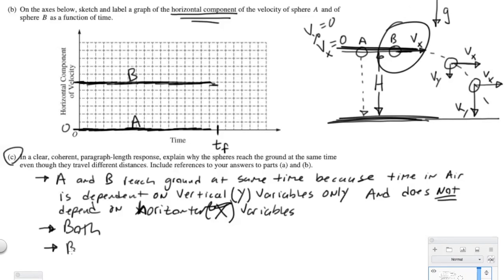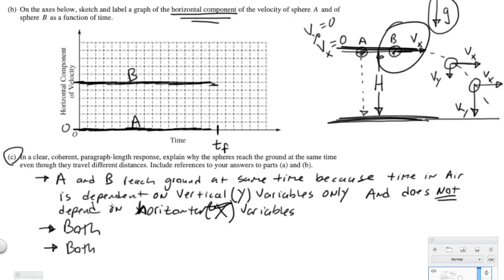So this third point here, you're going to say both spheres start with no vertical or y velocity, and they both are accelerated vertically by gravity. The acceleration vertically for A and B is the acceleration of gravity.